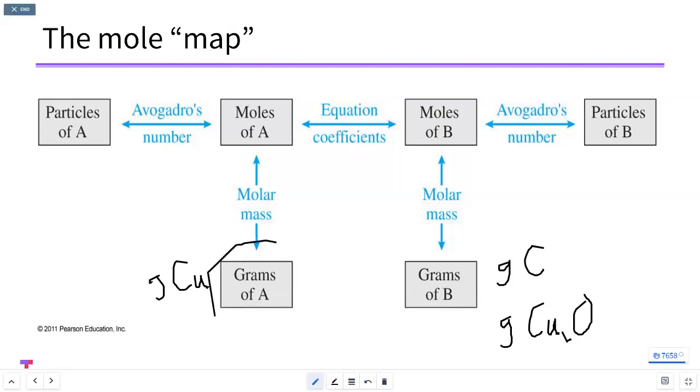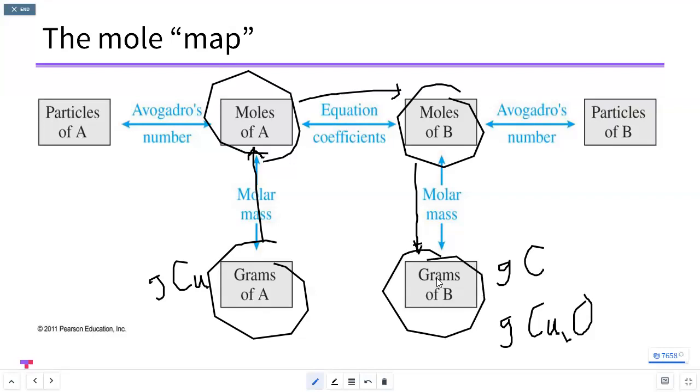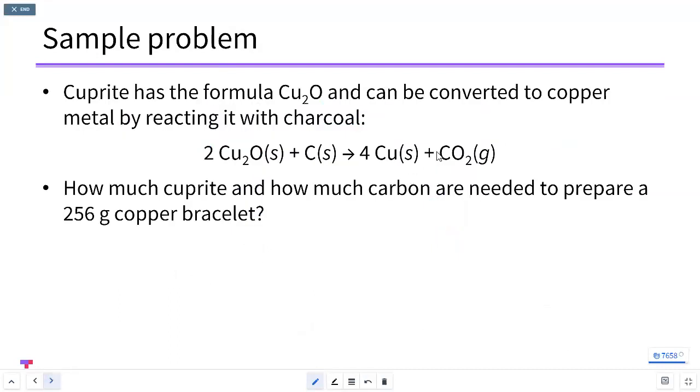I need to take those grams of copper, turn them into moles, turn those moles of copper into moles of whatever the product is that I'm interested in, and then turn those moles down into grams using the molar mass. There are 3 blue portions to this, so each conversion is going to require 3 calculation steps. Now it's just a matter of putting those steps actually together.